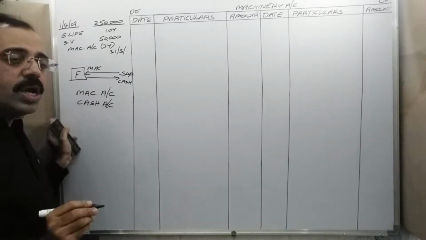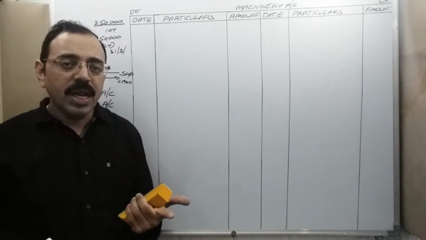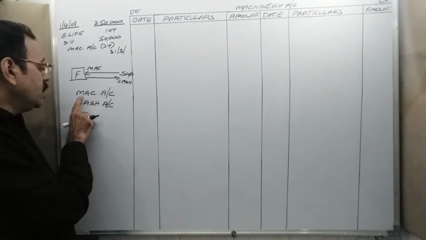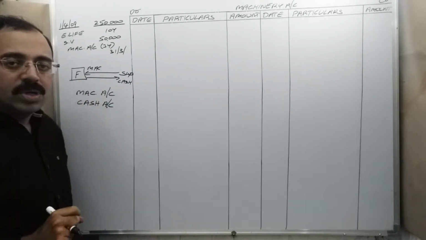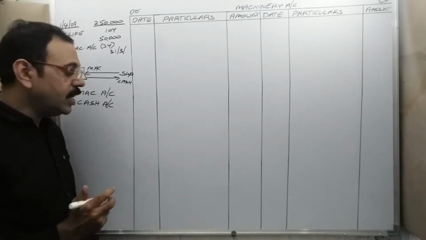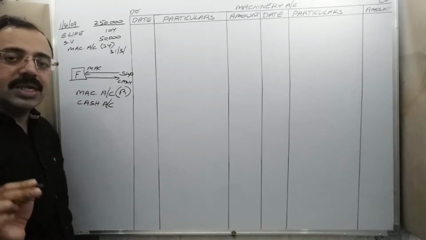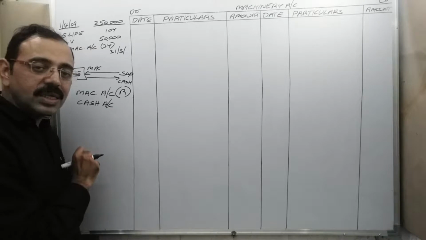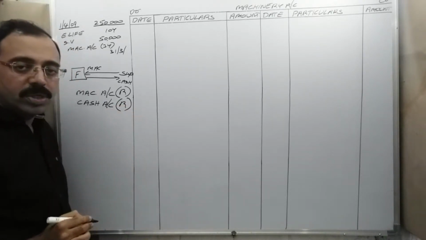Now we know that accounts are of 3 types: personal accounts, real accounts, nominal accounts. Now identify the type of this account. Machinery is an asset, no? All assets come under real account. So machinery account is a real account. Cash is also the same. Cash is an asset. So cash also comes under real account.